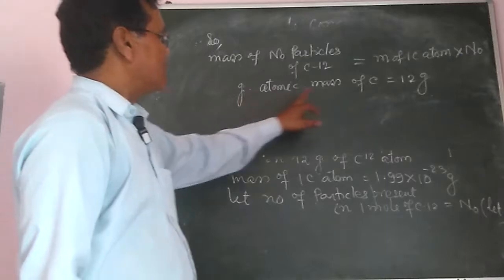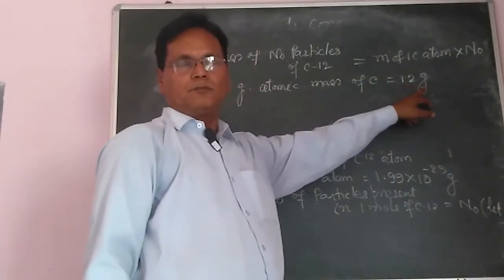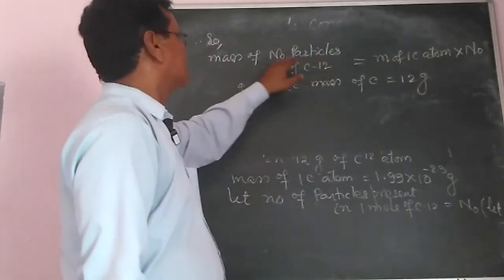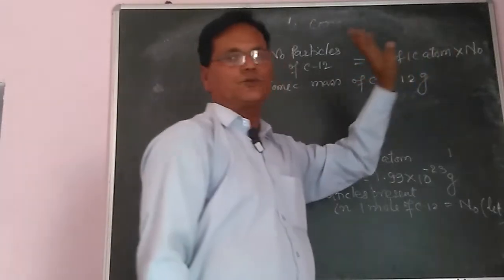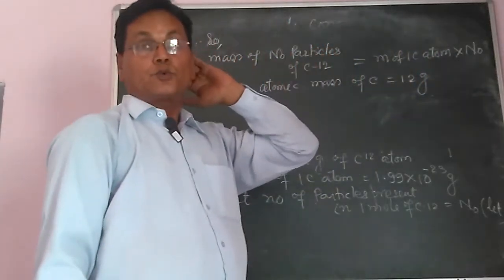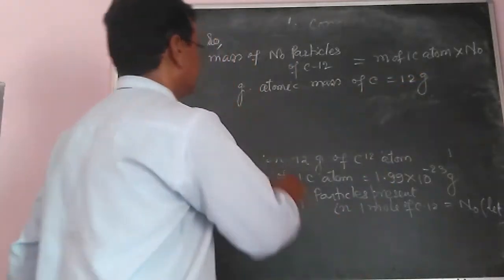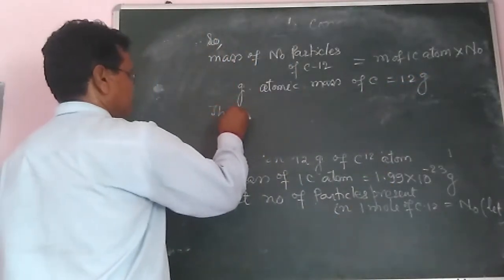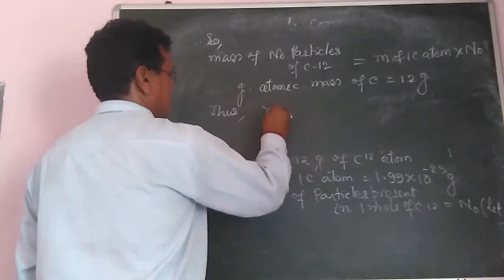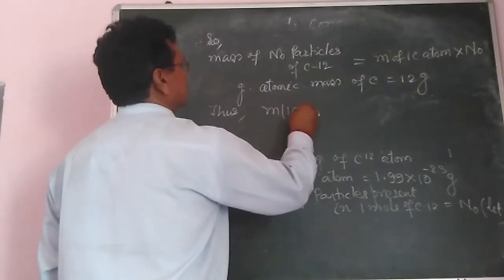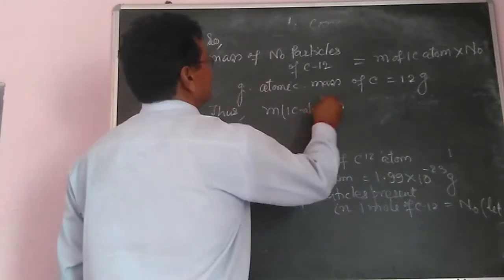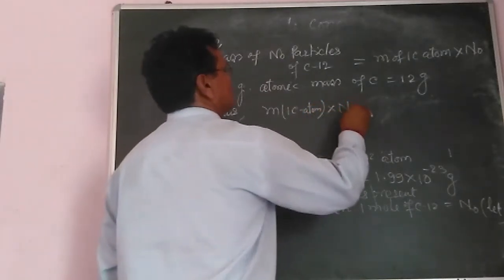So 12 gram of carbon has a mass equal to the mass of one carbon atom into N0.